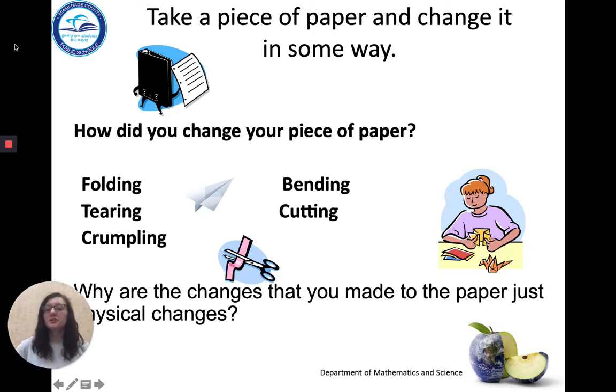Maybe you tore it. And like I did, I crumpled my sheet of paper. Maybe you just bent it in some way. Or maybe you even took a pair of scissors, if you had one, and you physically cut your sheet of paper.